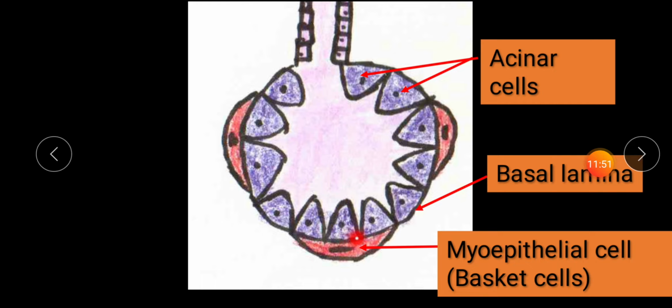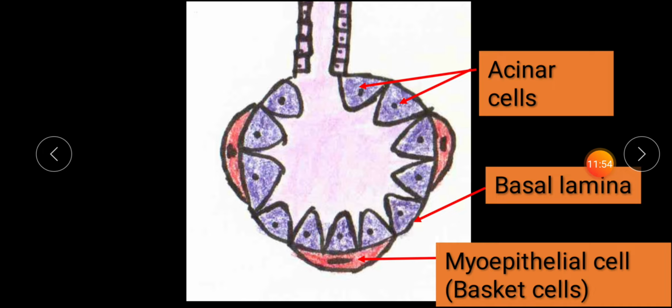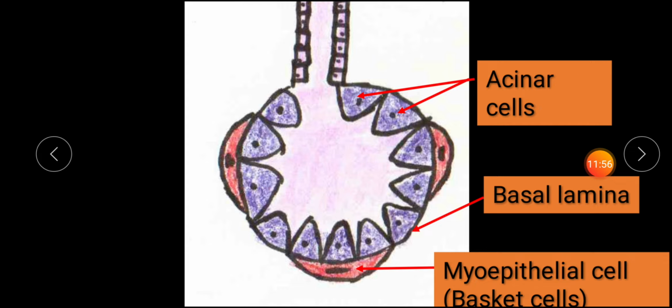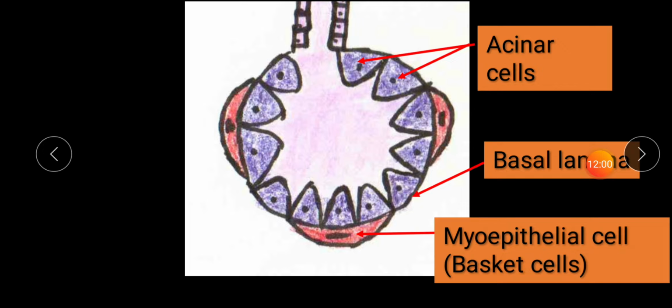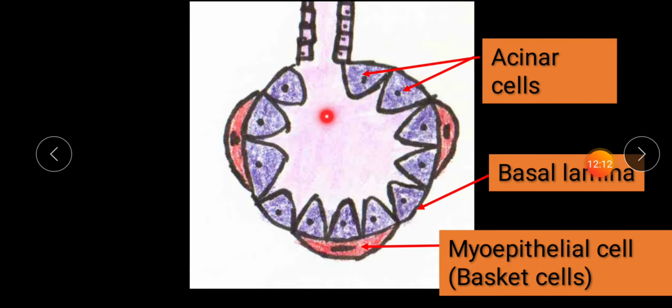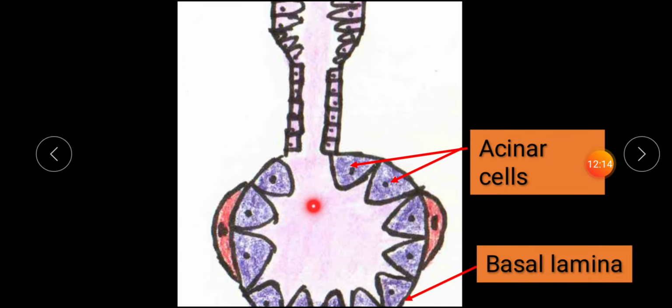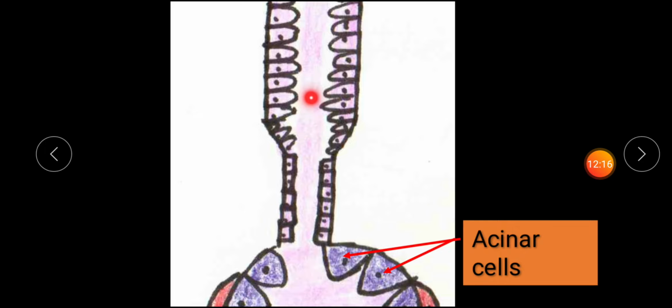You can see this is 1, this is 2, and this is 3. These cells are termed myoepithelial cells or basket cells. The specific function of the myoepithelial cell is to expel or convey the secretion collected within the lumen of the acini towards the duct system.